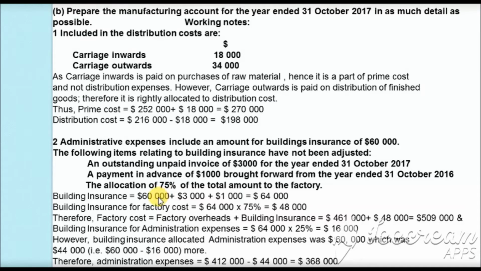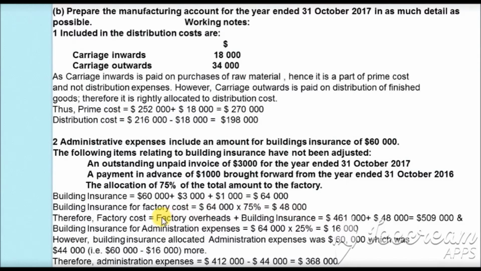So now our building insurance will be $60,000 plus $3,000 plus $1,000, which will be $64,000, and out of this 75% should be allocated to the factory. So 75% of $64,000 will be $48,000.